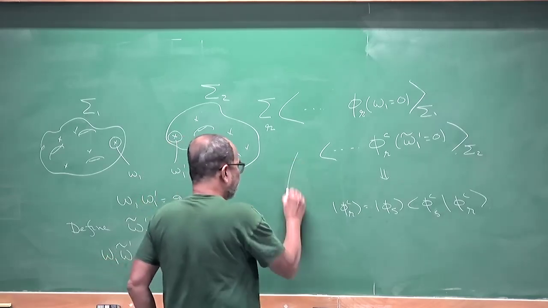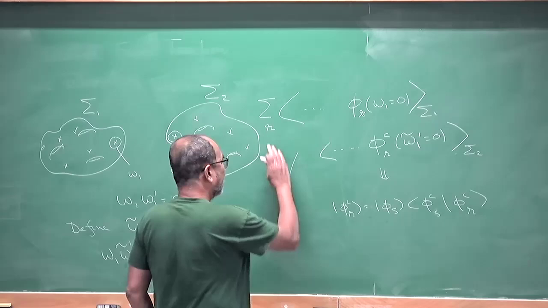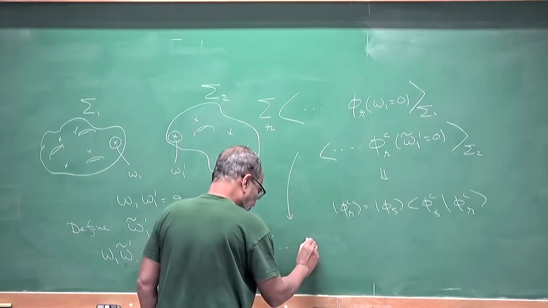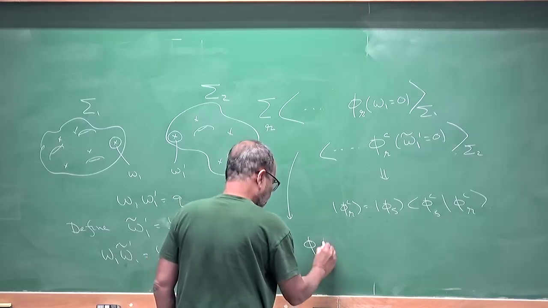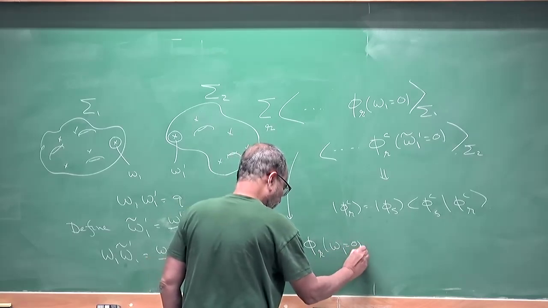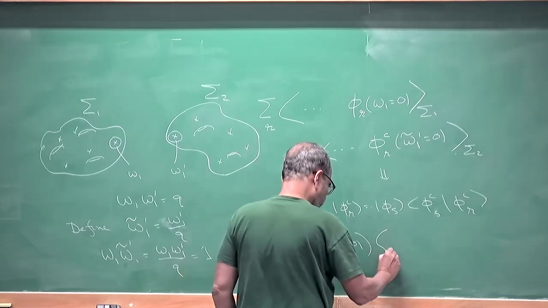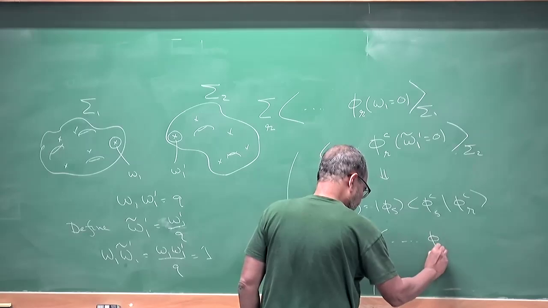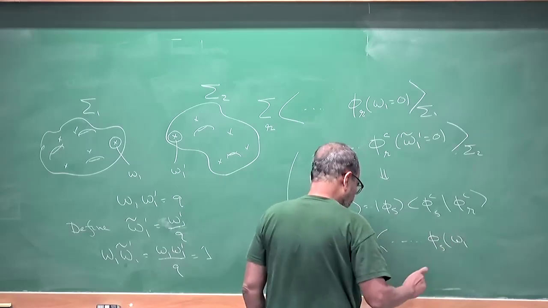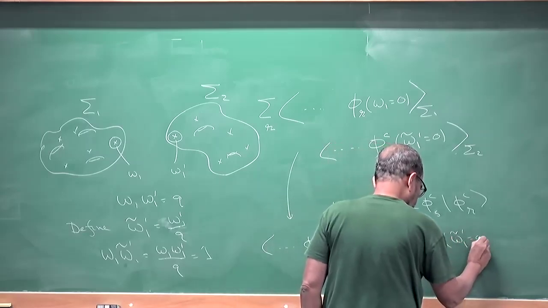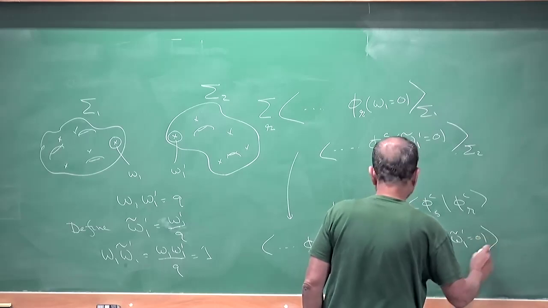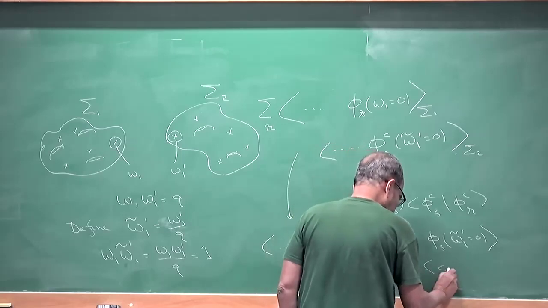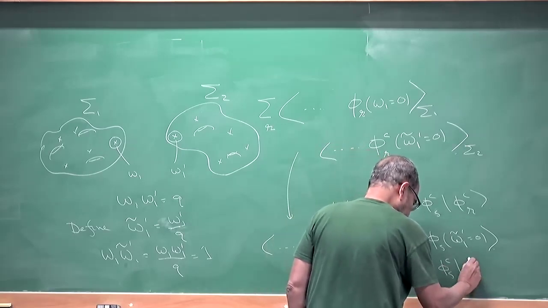So you can write this then as, I'll not write the sum over R because repeated indices are summed over anyway. So this phi R at W1 equal to 0, this sigma 1, this phi S at W1 tilde prime equal to 0, times phi SC phi RC.